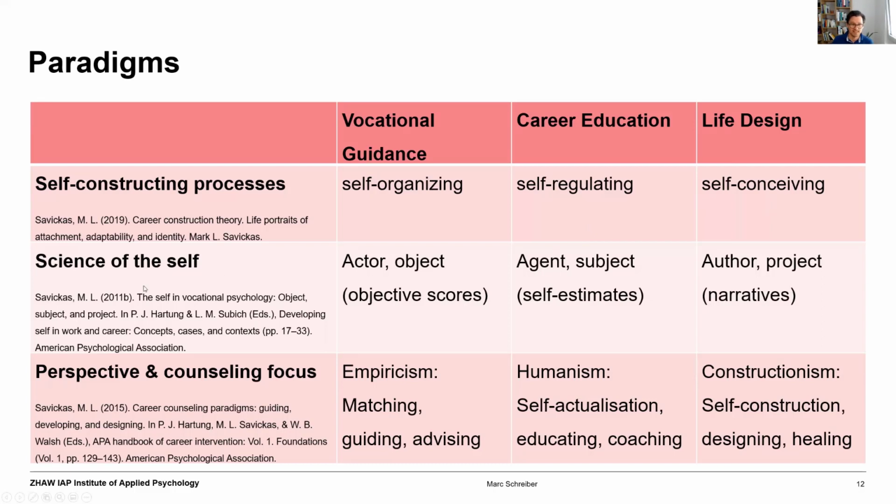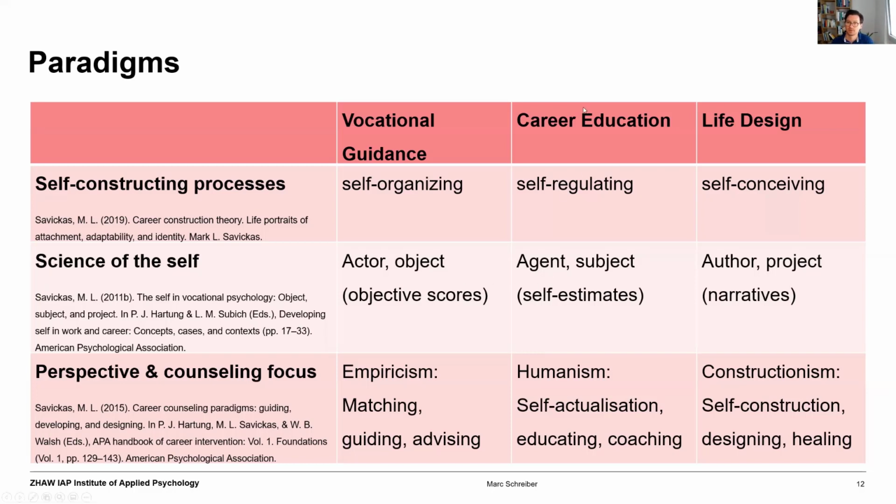And the science of the self, if we have a look at vocational guidance, again, is the actor, and it's an object perspective. Also, it's about objective scores like personality questionnaire scores.